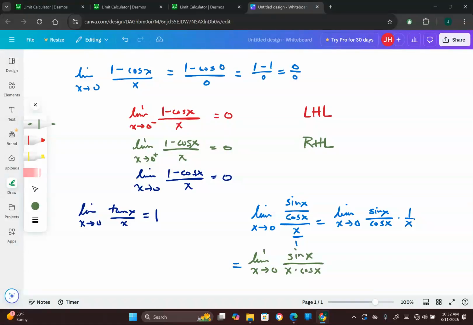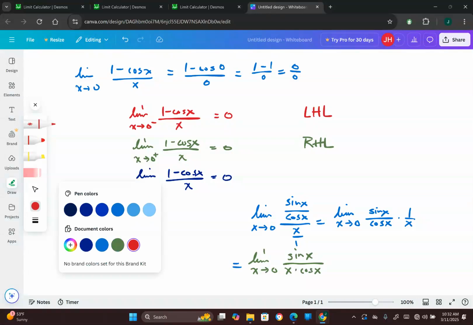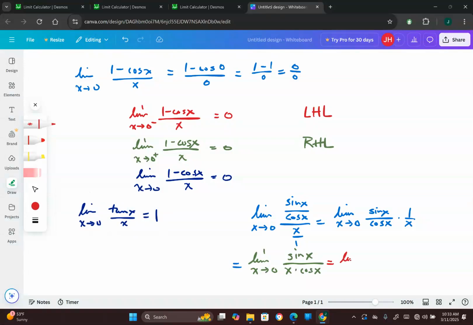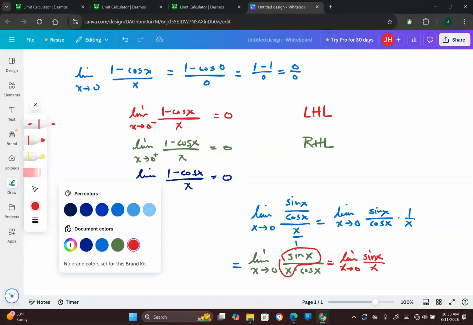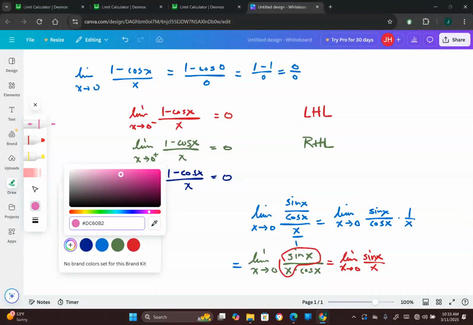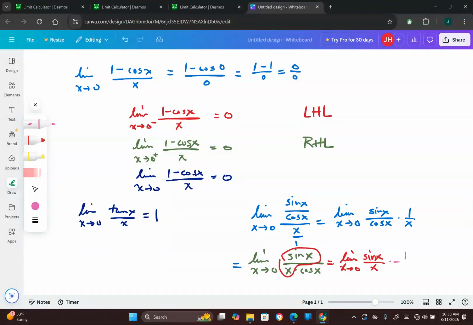Now, when you take a look at this, I can split this into two limits. The rules for limits say if you multiply functions, you can multiply their limits. So if you look closely here, there is a limit right there that I recognize. That's sine of x over x. But what about the cosine? The cosine, it's still on the bottom. But what's the limit here?